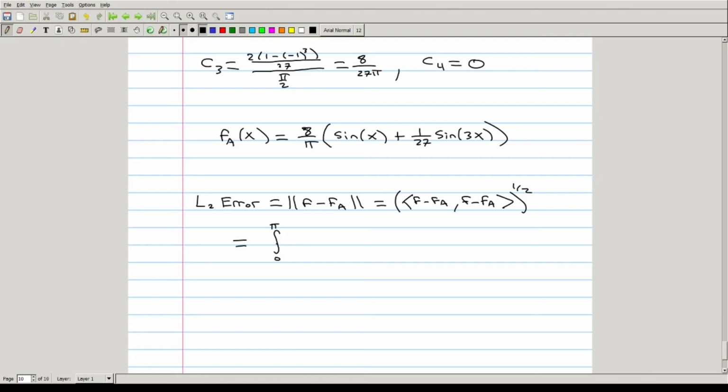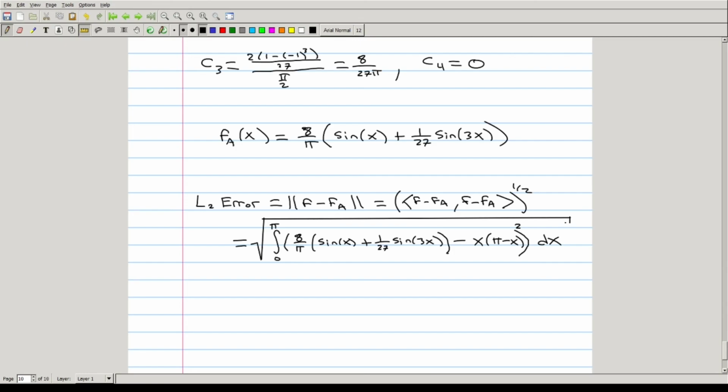This is the square root of the integral of 8 over pi times sine of x plus 1 over 27 times sine of 3x minus f of x, which is x times pi minus x. This has to be squared, and we have to take the square root of this, because we're taking the norm.